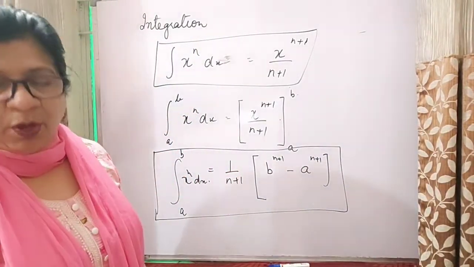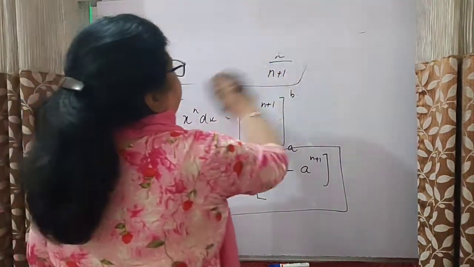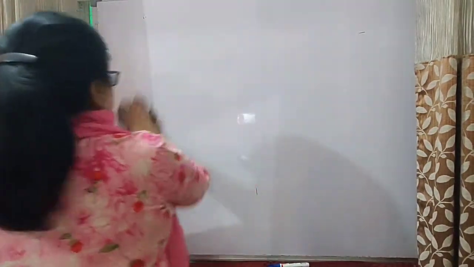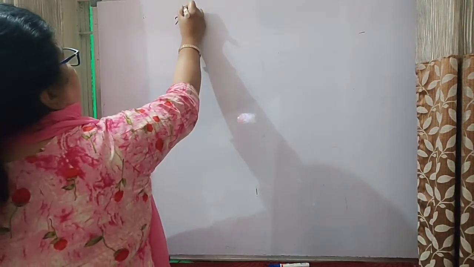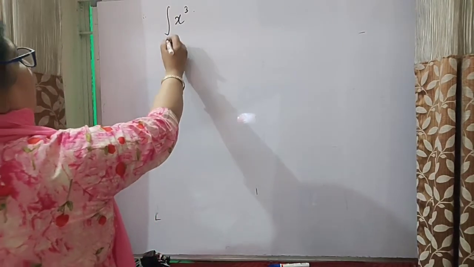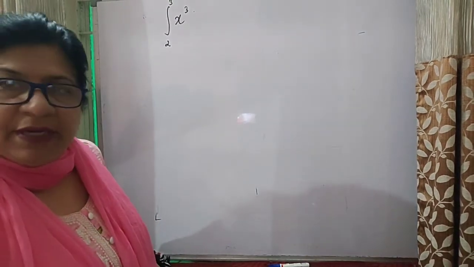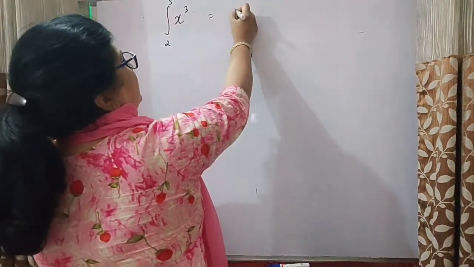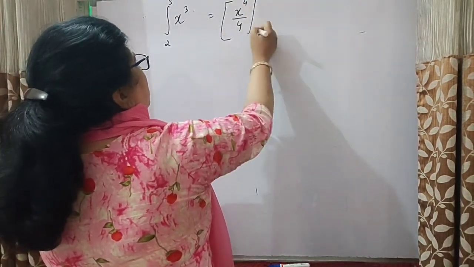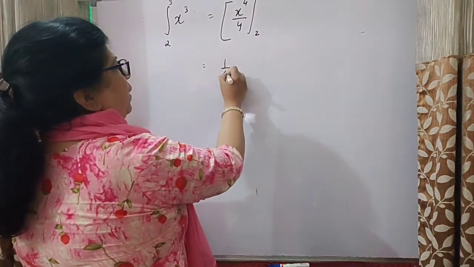Now I will solve a very small question related to your integration. Let us take x to the power of 3, and we are having 2 and 3. The lower limit is 2 and the upper limit is 3. So here what you get is, पहले solve किया x की, 3 plus 1 is 4, upon 4, lower limit 2, upper limit 3. And when you solve it, you will get 1 upon 4, आपने बाहर common ले लिया.